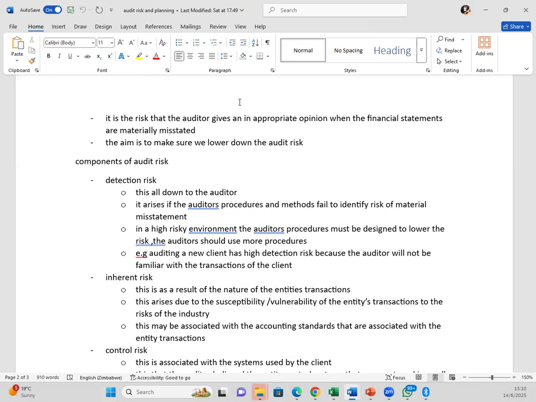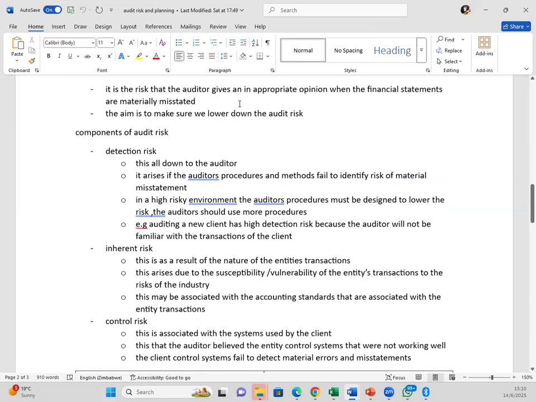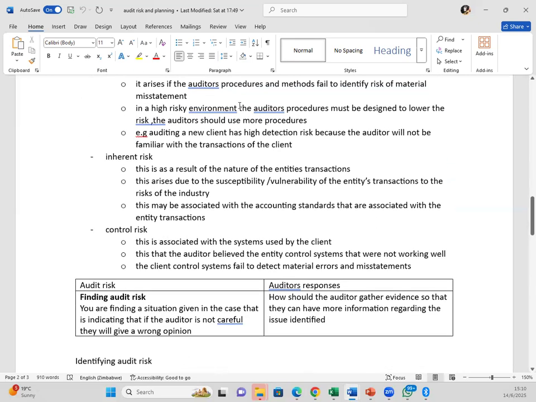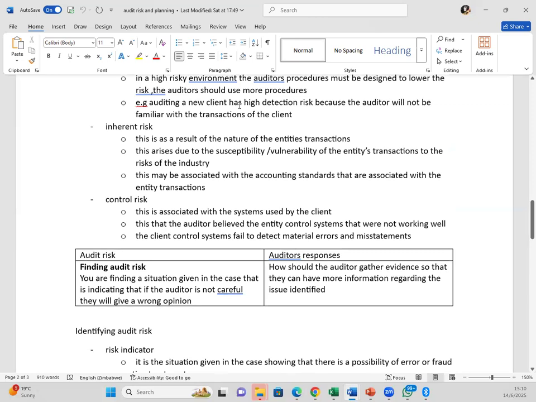Inherent risk is the risk associated with the nature of the business. Then we also have the control risk, which is associated with the entity's controls.